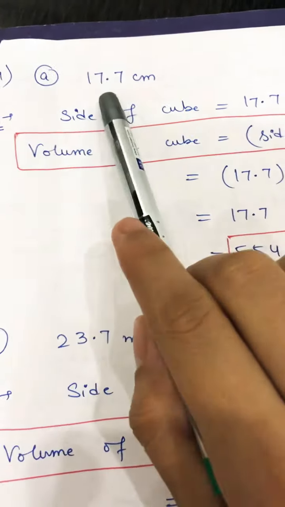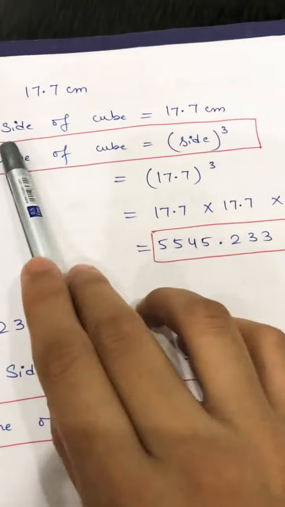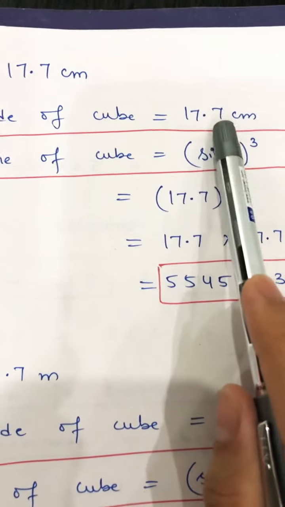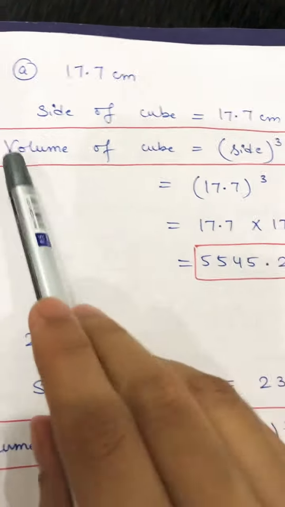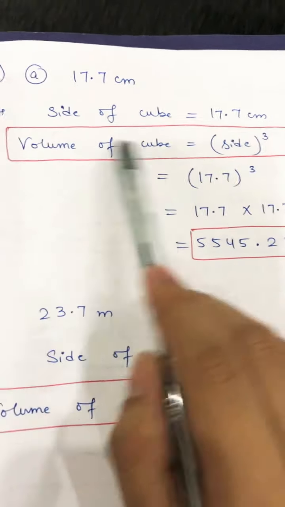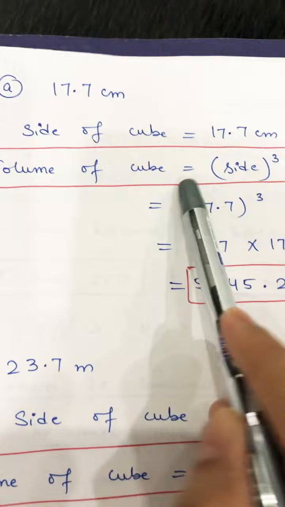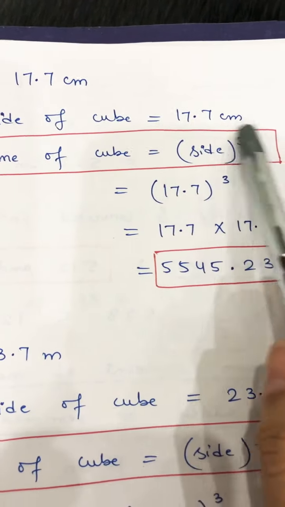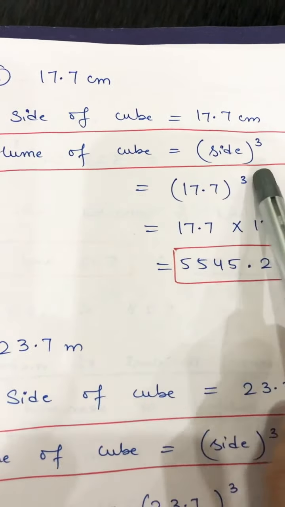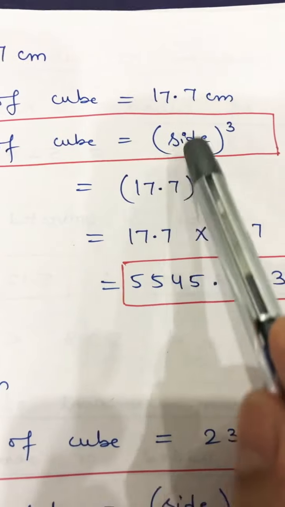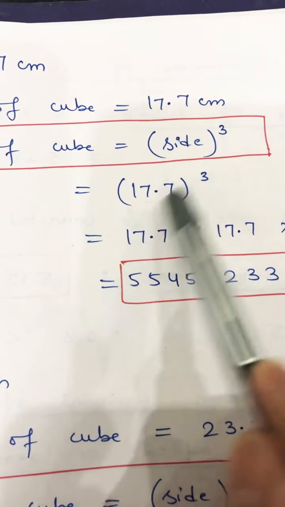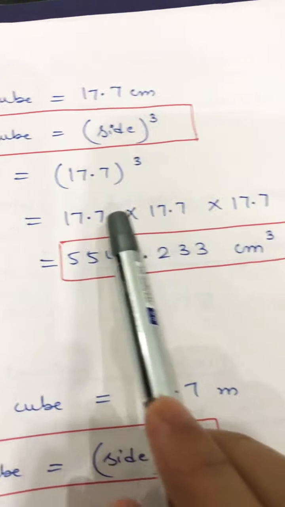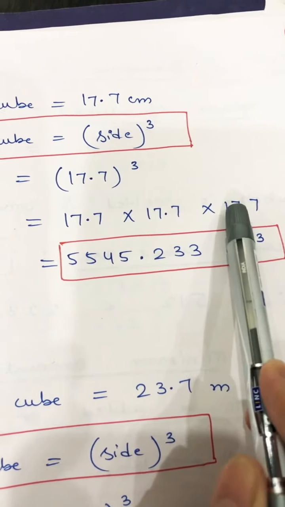Part number A: the side of the cube is given as 17.7 centimeter. The volume of a cube, this is the formula, is equal to side cube. So you have to place the value of the side here, 17.7 cube. Cube means you have to multiply that term 3 times.